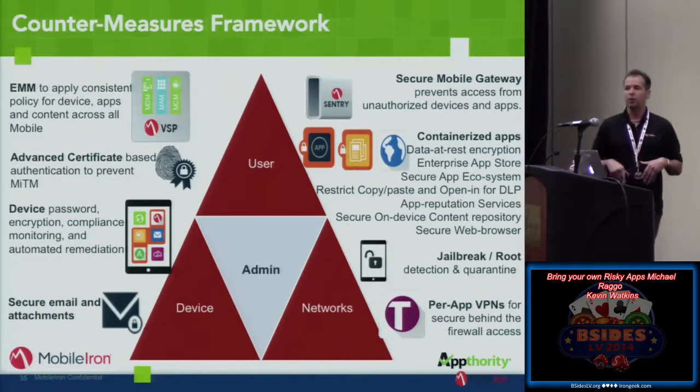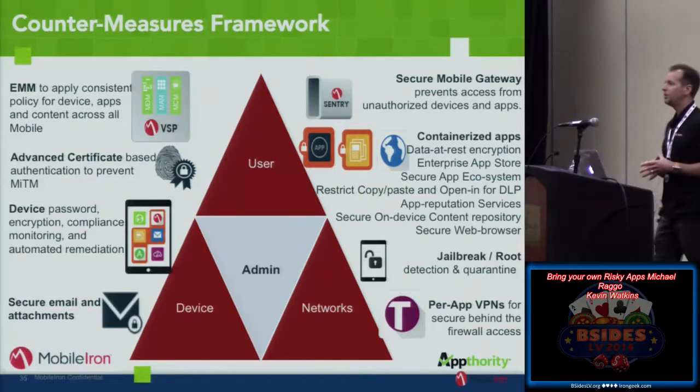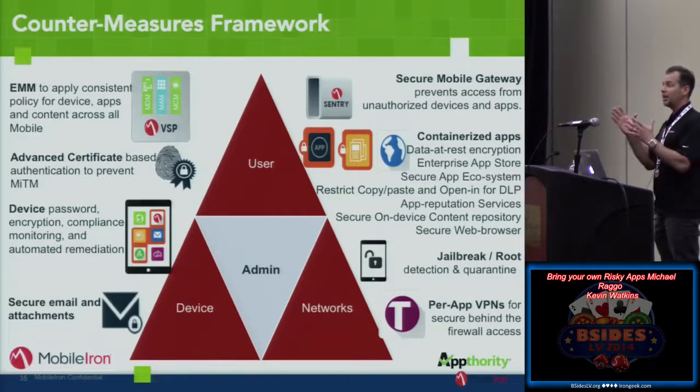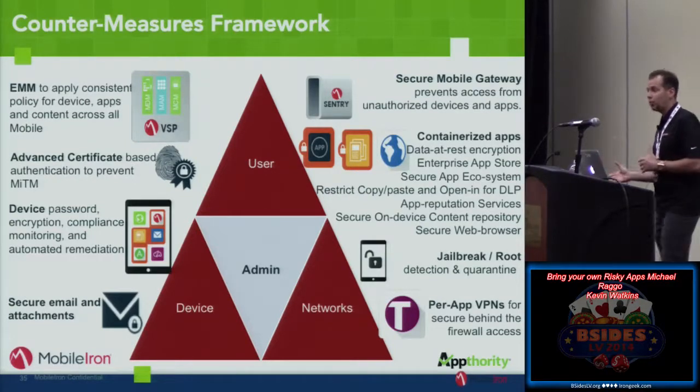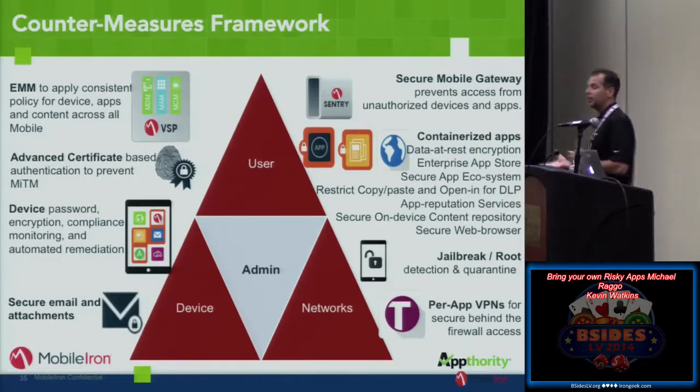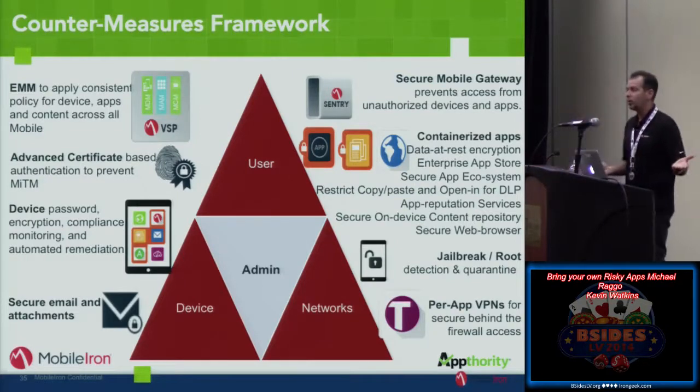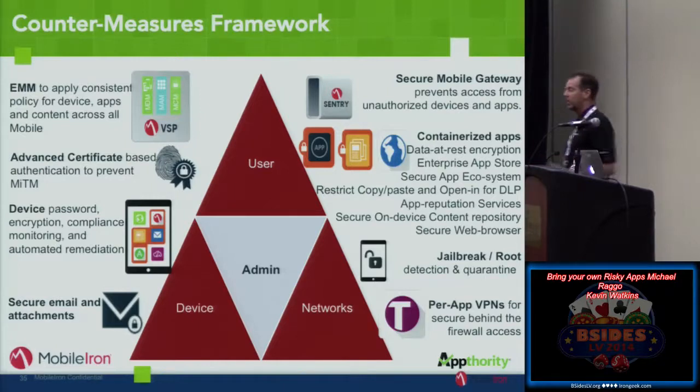Obviously, one of the arguable drawbacks to a VPN is the fact that you inadvertently, at least by default, are allowing everything on that device to access the corporate network when it VPNs in. So all those risky apps we talked about, any kind of malicious apps, and so forth, might also have access to the corporate network. And obviously, that's a bad thing.